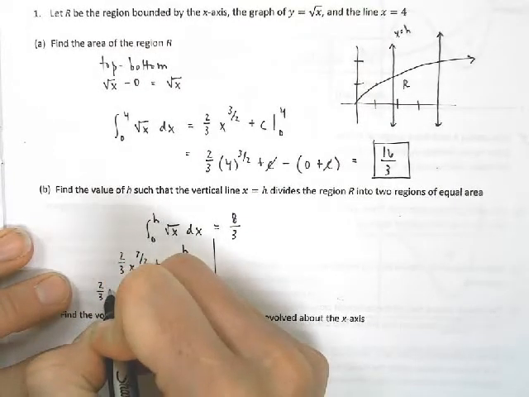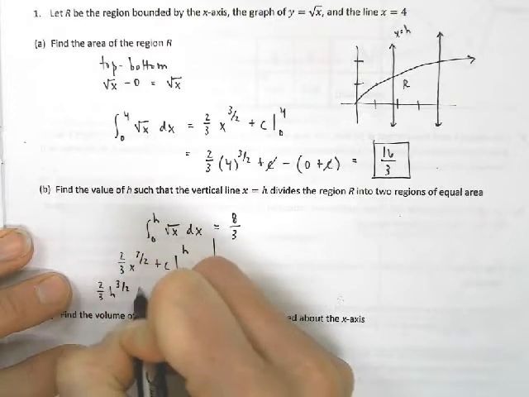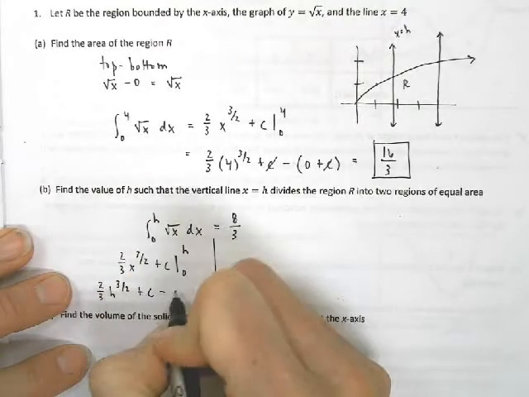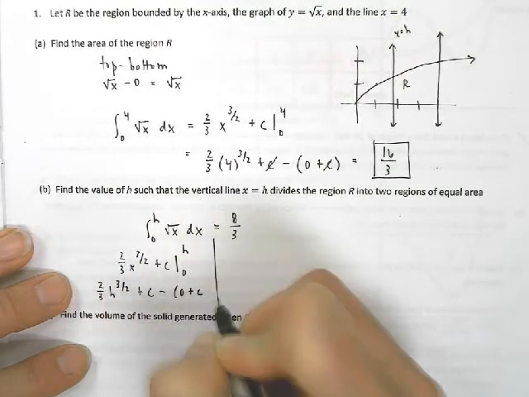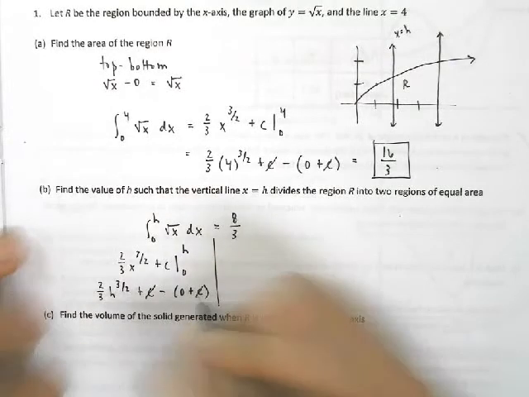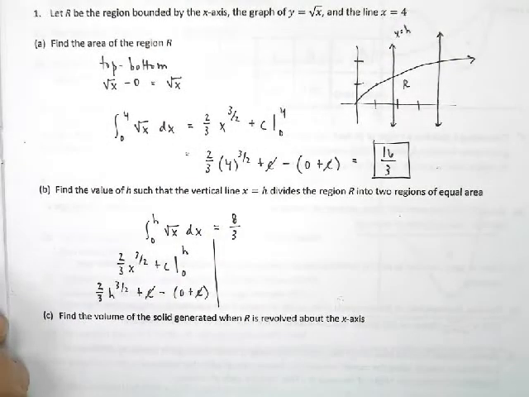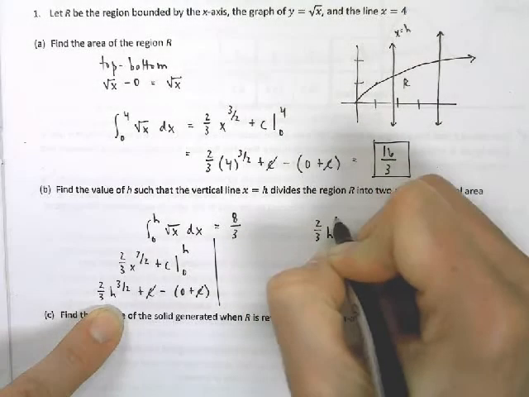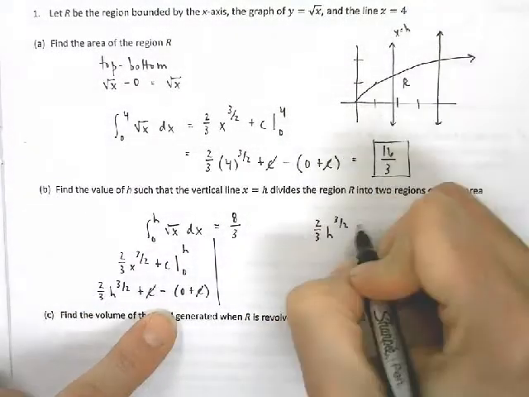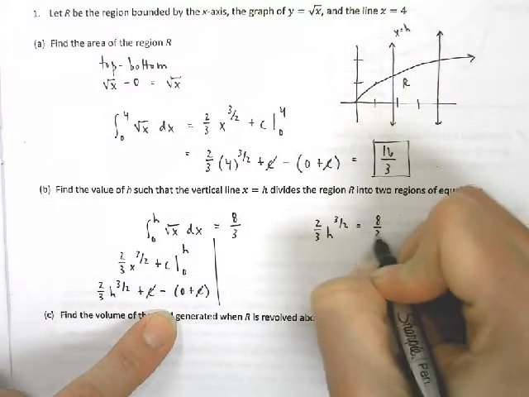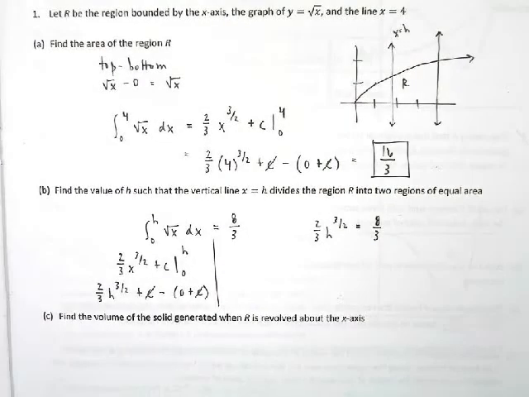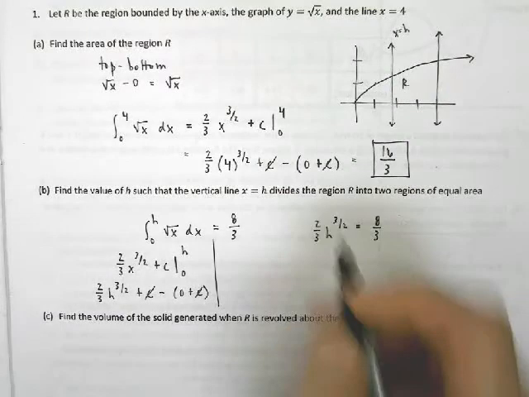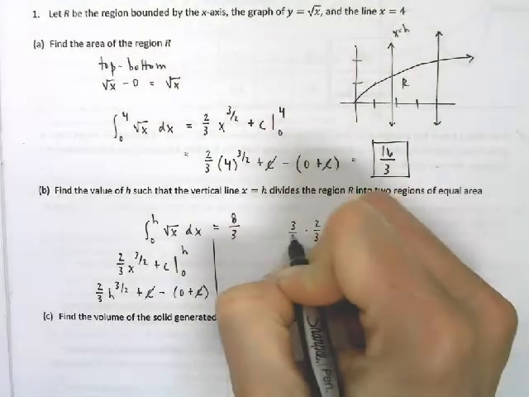I have 2/3 h to the 3/2 plus c, and then I'm going to subtract 0 plus c. So my c's cancel. Now really what I have is 2/3 h to the 3/2 equals 8/3, and I need to solve this equation to find my value of h. The first thing I'm going to do is get rid of this fraction.